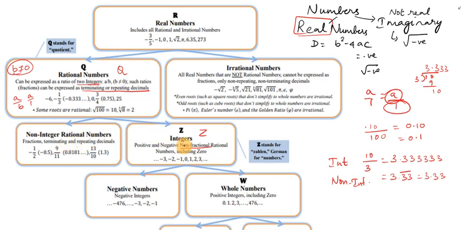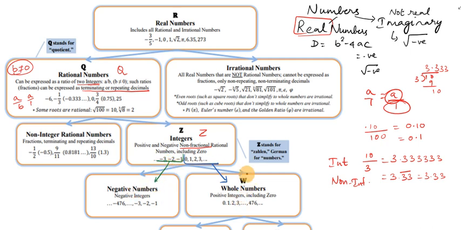Okay, now we will see the classification of integers. So integers, we see that you have your negative, 0 and positive. Whatever comes from your 0 and your positive will be called whole numbers. All the negative integers you will be calling negative numbers or negative integers.